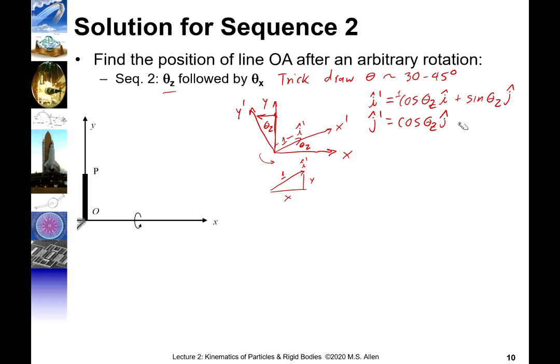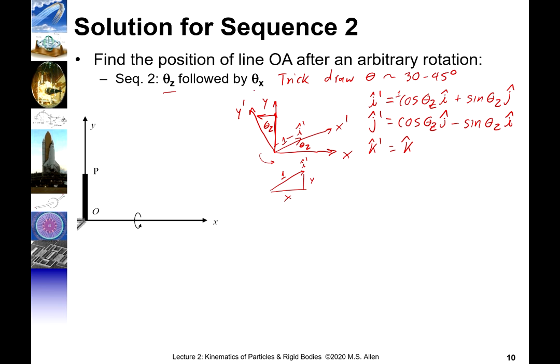But then notice this time we have to go in the negative x direction. So we have to subtract off a component sine theta z in the I direction. And if we were being complete, we would then say that the k unit vector is still the same, so there's nothing that happens there. So that takes care of our first rotation.